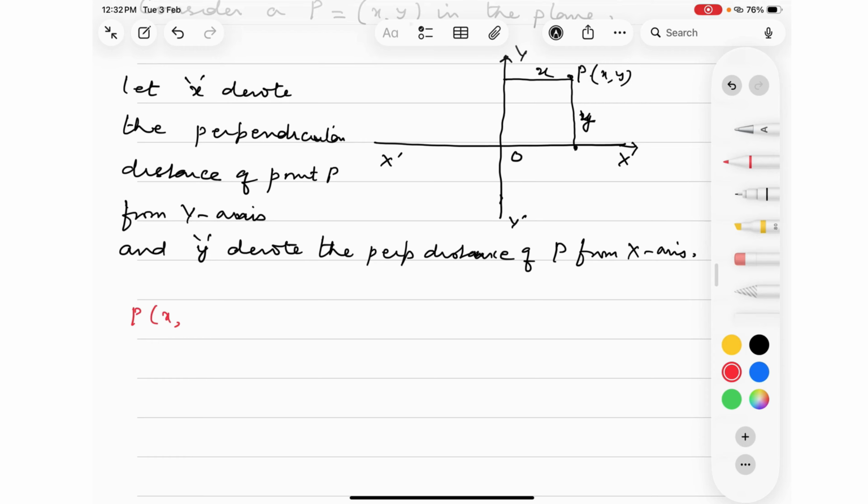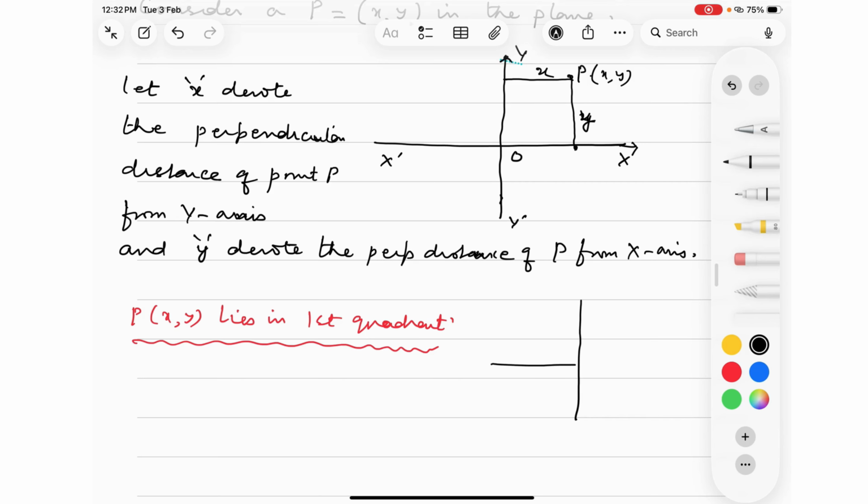If P (x, y) lies in the first quadrant, how do we identify it?